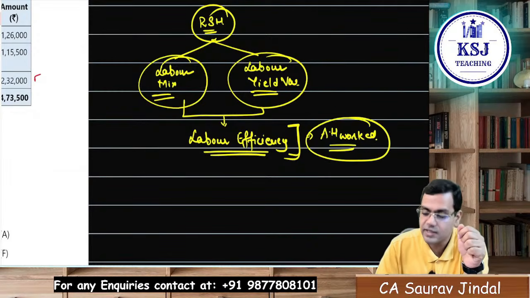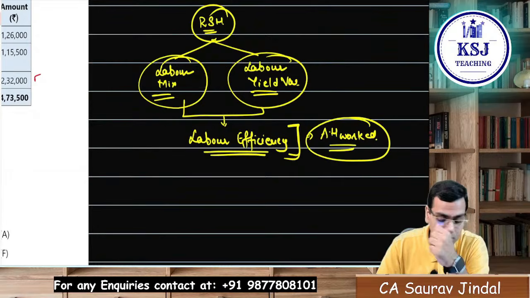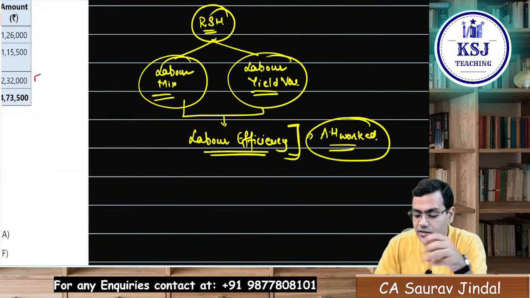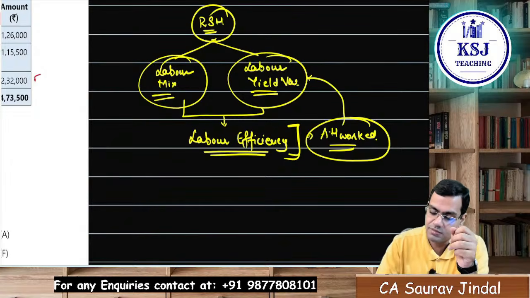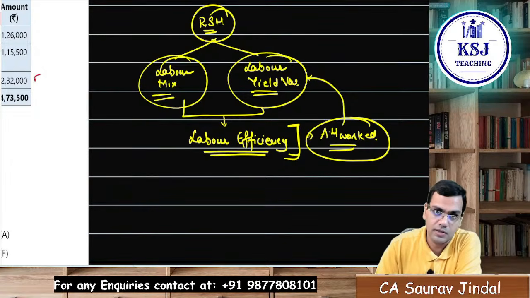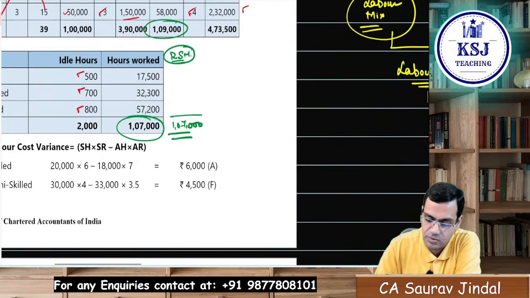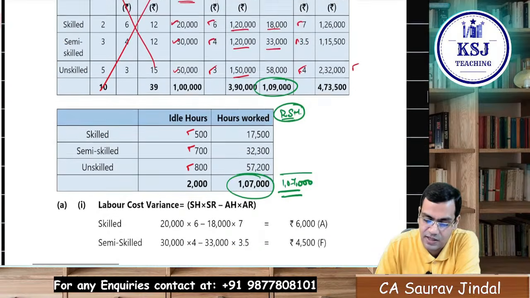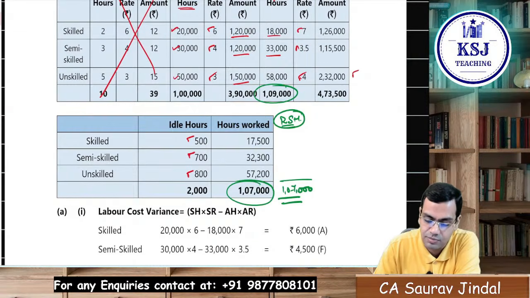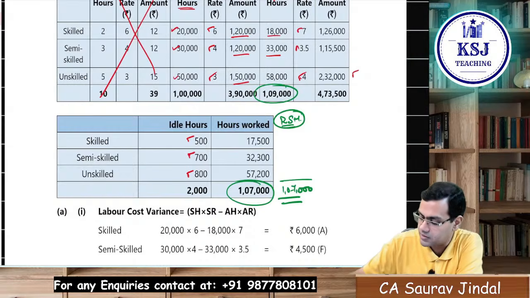So if you are calculating the efficiency on the basis of actual hours worked, and mix and yield variance are the sub variance of this labor efficiency, they will also be calculated on the basis of actual hours worked, right? So you will distribute 1,07,000 in the standard proportion, that is in the proportion of 2:3:5, sir, right? Divided by 10 multiplied by 2, it will be 21,400, right?